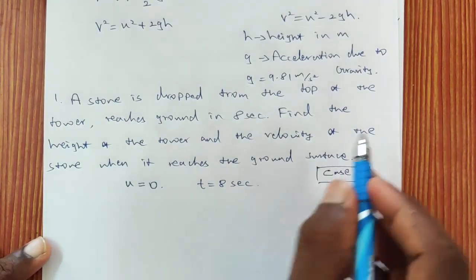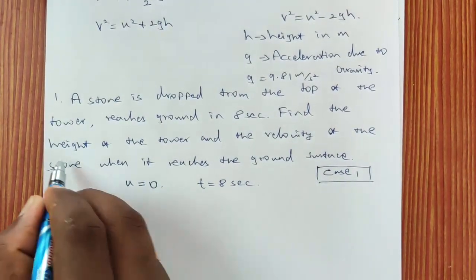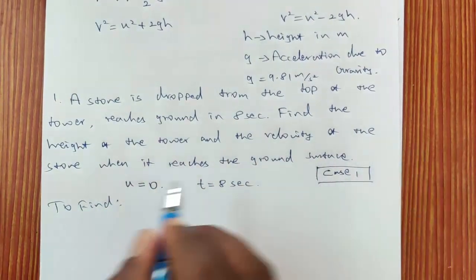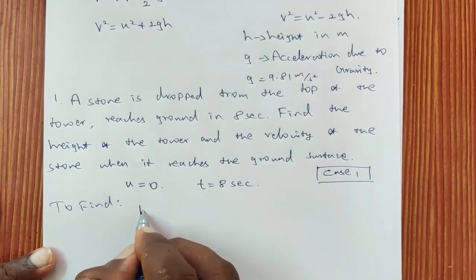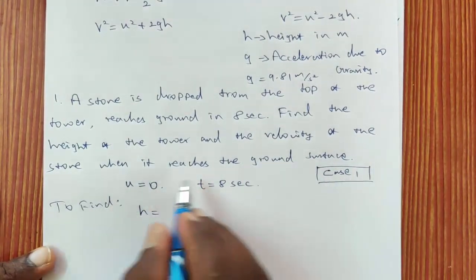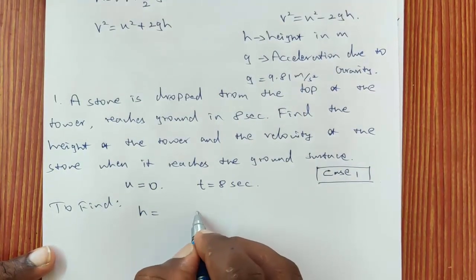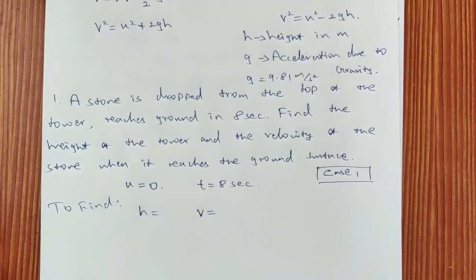To find the height of the tower and the velocity of the stone when it reaches the ground surface: the height of the tower is h and the final velocity is v. So we have to find h and v.